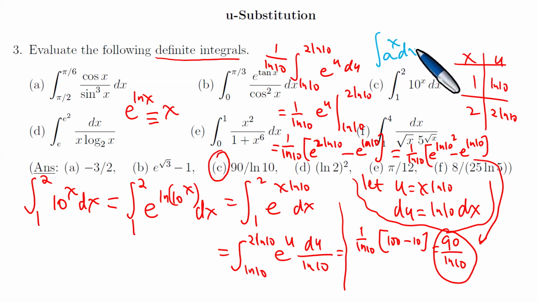I want to do things from first principles, step by step, so that I don't memorize anything. I can use the formula because I've learned it: if it's a to the power x, the integral is always 1 over ln a times a to the power x plus c. But again, this is about memorizing. Why is it 1 over ln a? Now we prove everything step by step, and we get the answer 90 divided by ln 10. We proceed to the next point.